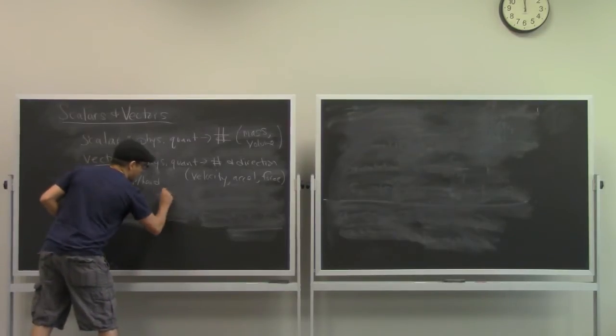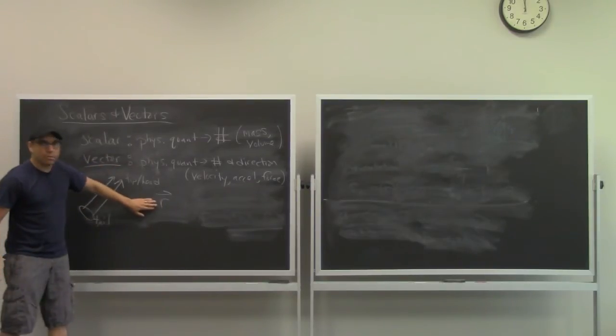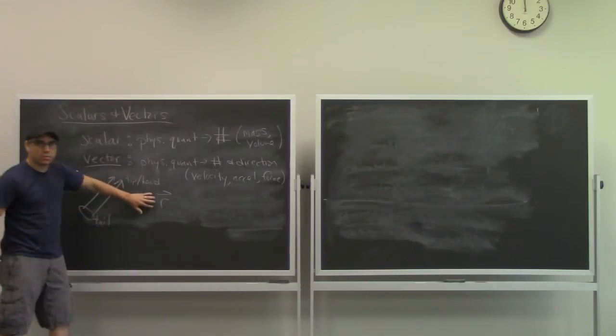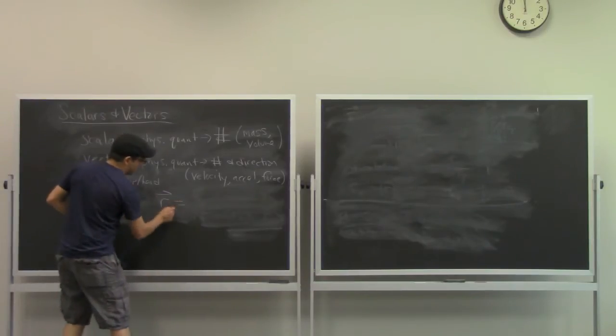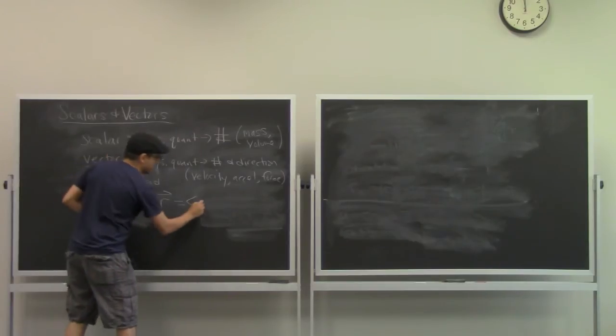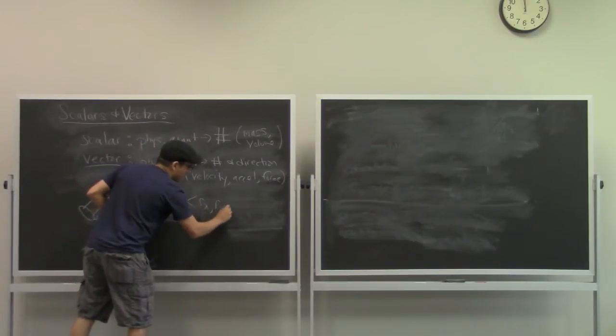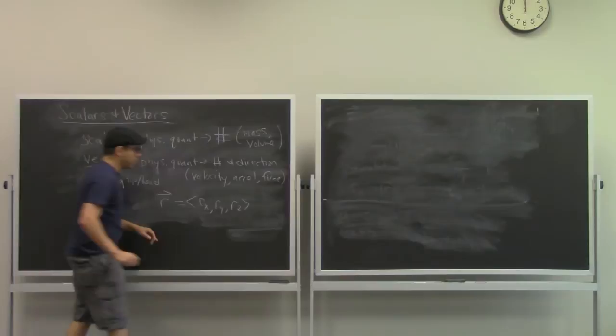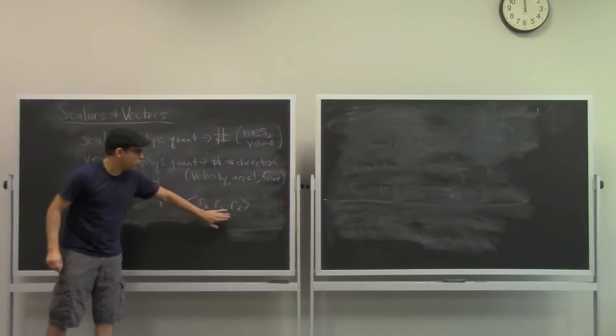Mathematically, we represent vectors with a symbol and an arrow on top. That tells us that this quantity is a vector quantity, and typically it'll have 3 digits which characterize how much of that vector lies in each coordinate direction.